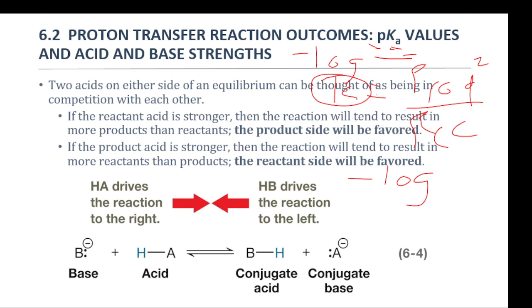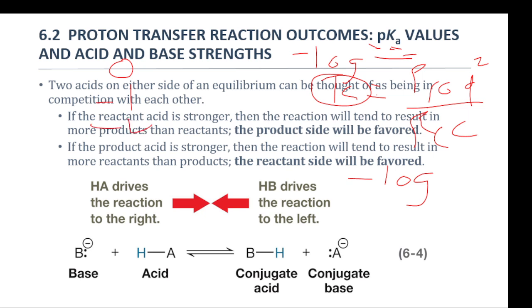Type in negative log of 1. What do we get? 0. Negative log of 1 is 0. Negative log of 10. Negative 1. Negative log of 10,000.